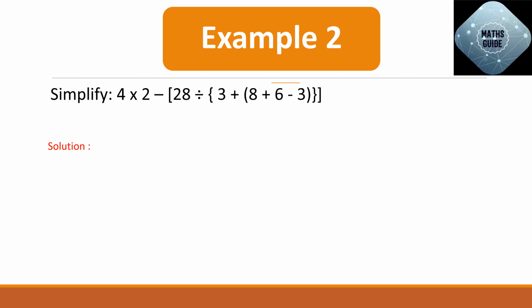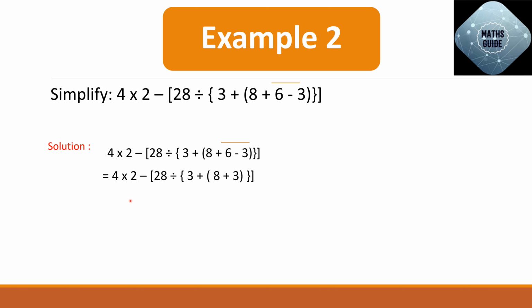Now this is example 2 and it will be done for more clarification of the concept. As you can see, we have given some integers with brackets and there is a vinculum also in the question. So we will solve the vinculum first. So we have to subtract 3 from 6 and after solving this vinculum we get 8 plus 3. The next step will be within the parenthesis we get 8 plus 3 and we have to solve this parenthesis now, and after adding 8 and 3 we get 11.